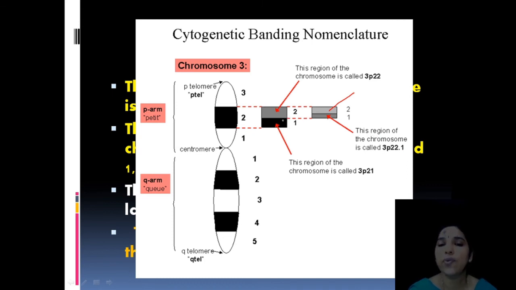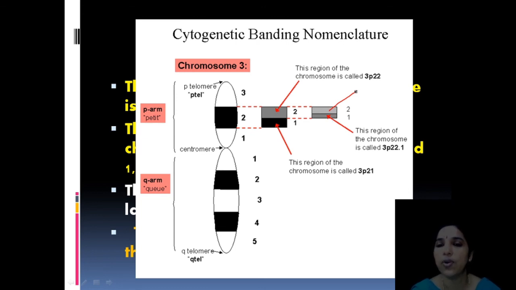If you are marking this, see how it will go. Chromosome number 3, that is the first 3. P arm, that is the P. Then band number 2, then a subband again 2, and again a subband, 1 or here subband 2.